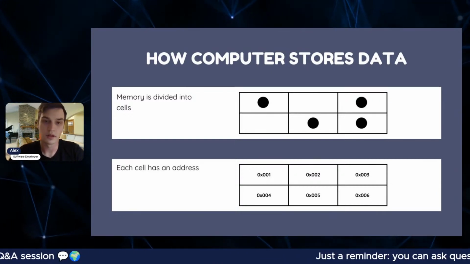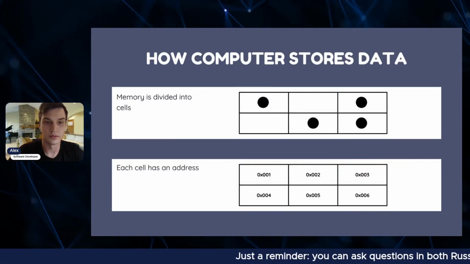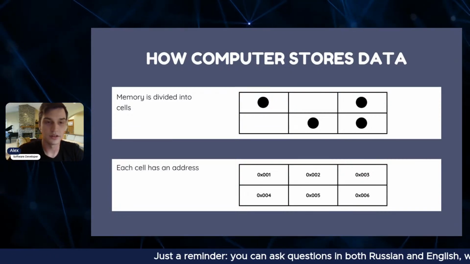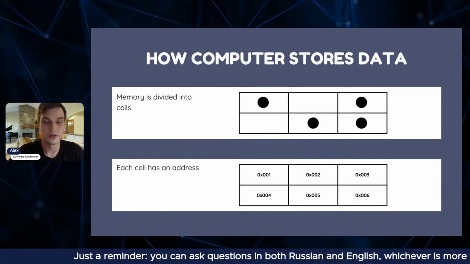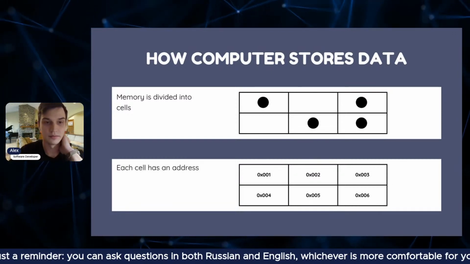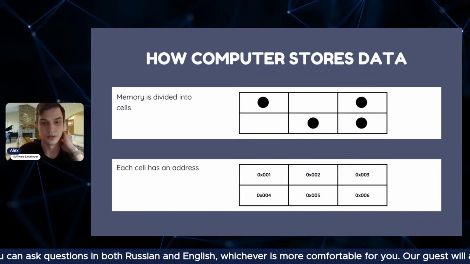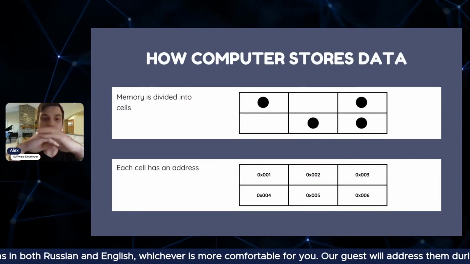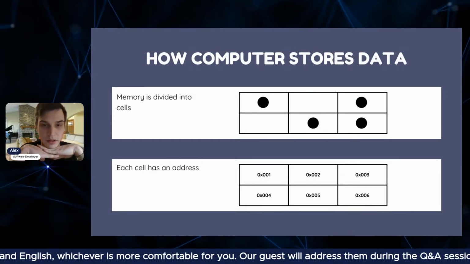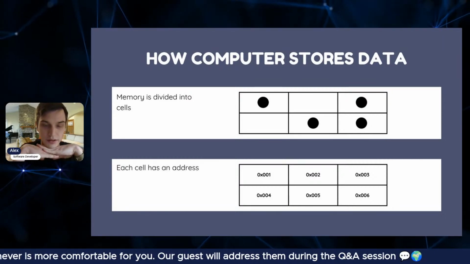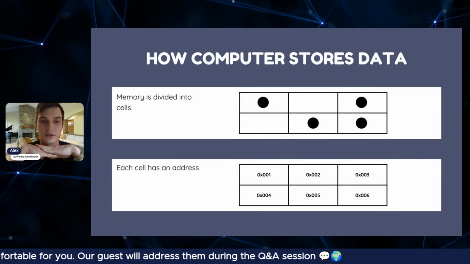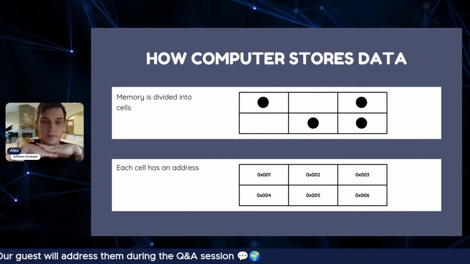As I said, the computer only needs to know the start address of the memory he needs to read and the length of the data he needs to read. So, for example, if he needs to read all 6 bits in his memory, he knows that the length is 6 and the address of the first cell is 1.